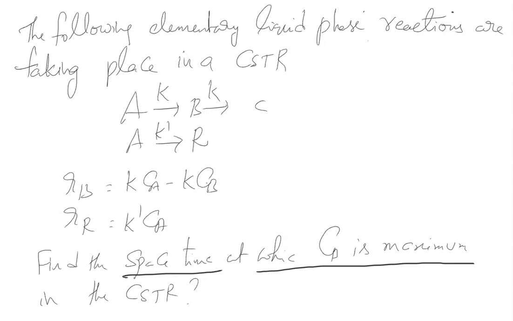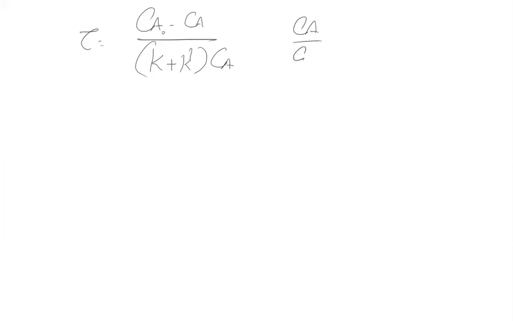1 by root of k into k plus k prime. So what is tau equal to? CA0 minus CA divided by what is rate of A? K plus k prime into CA. So what do you get? CA by CA naught as 1 by 1 plus k prime into tau.